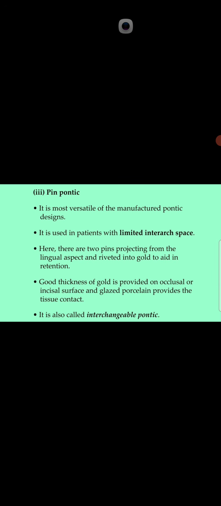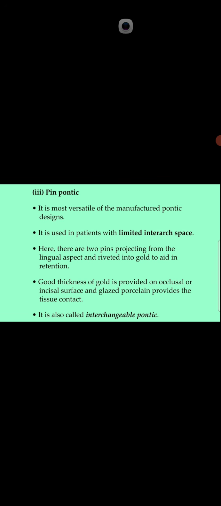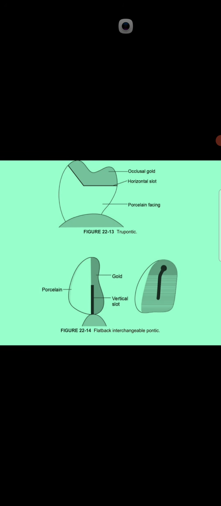Next, third type is a pin pontic. Here with the pontic we give a pin. This is a flat back interchangeable facing pontic, also known as pin pontic. But here in pin pontic, it is opposite of the true pontic and steel pontic. In true pontic and steel pontic, we give different types of material, one on occlusal and other on gingival surface.